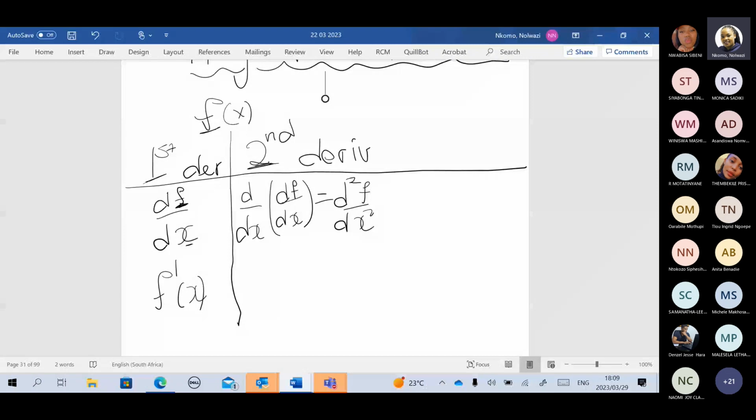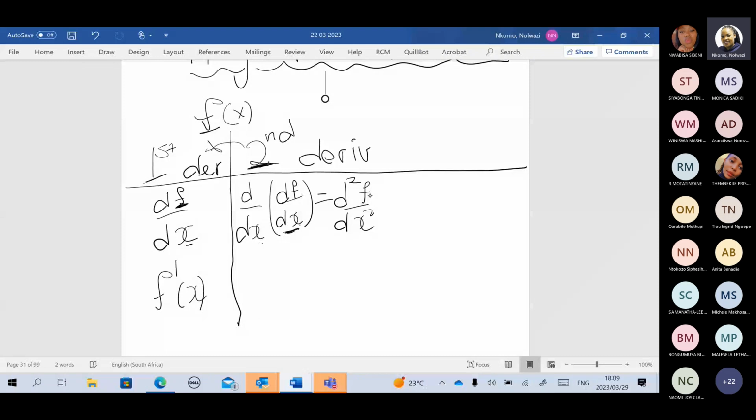That's why we have d/dx of df/dx, meaning we are differentiating the first derivative with respect to x, and that gives you d squared f over dx squared.